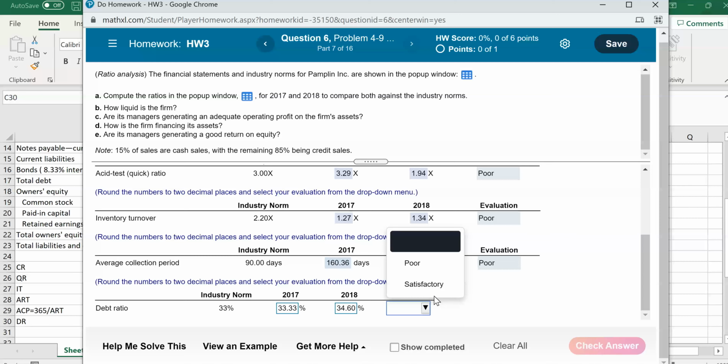So when it has more debt, it also has more interest as an obligation to make the payment for. Hence, it increases the chance for the firm to default. So we can see based on this number that it's higher than the industry norm. Hence, relatively speaking, this is poor.